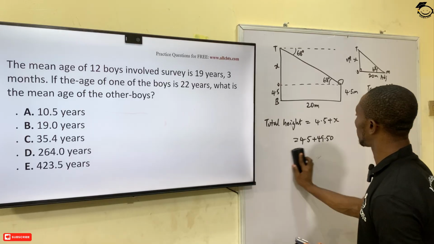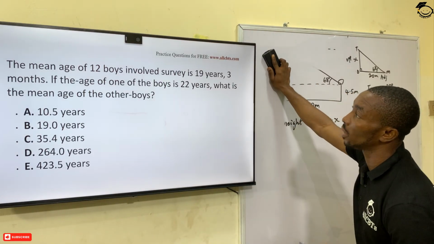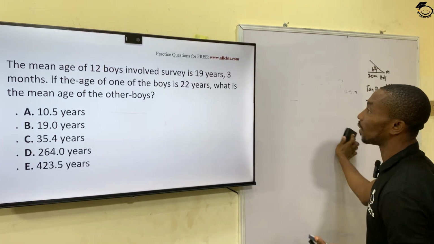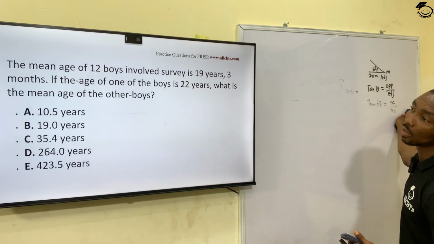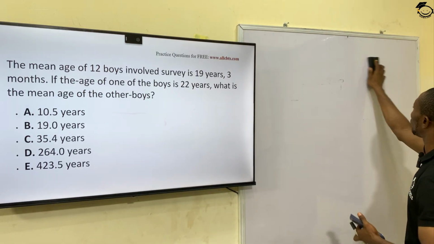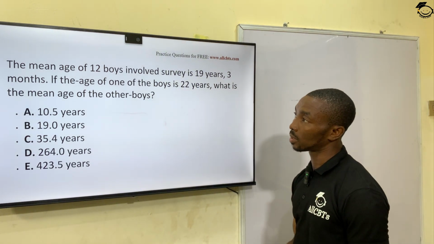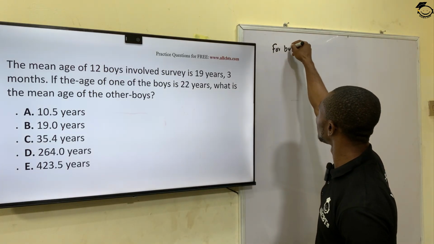Now, the next question says the mean age of 12 boys involved in a survey is 19 years, 3 months. If the age of one of the boys is 22 years, what is the mean age of the other boys? Now, we have 12 boys.